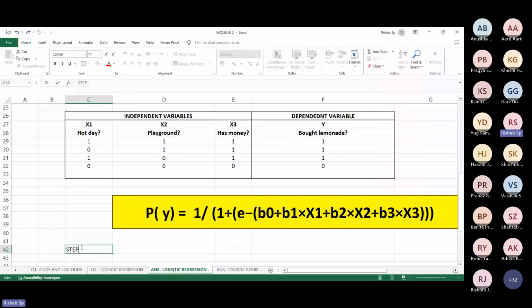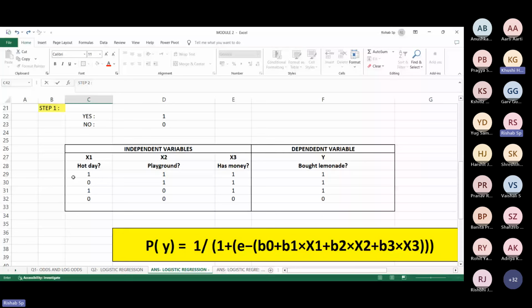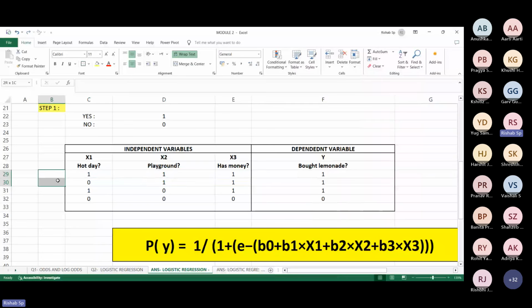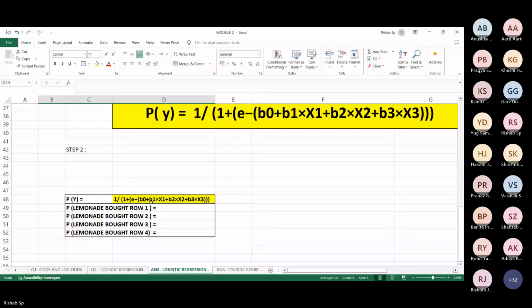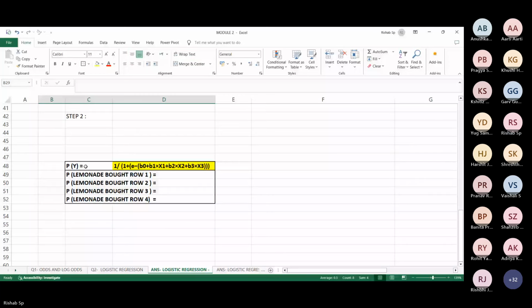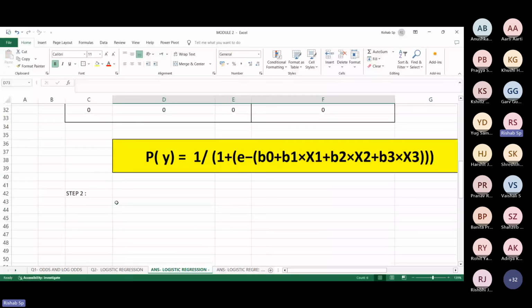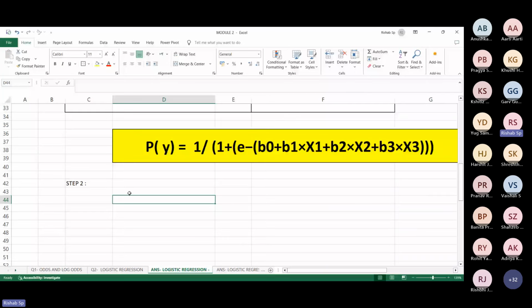In total, we have how many cases? Just be aware, each row is a single case, right? Hot day, playground, these all are a single case. So in total, we have 4 cases. Step 2, case 1.